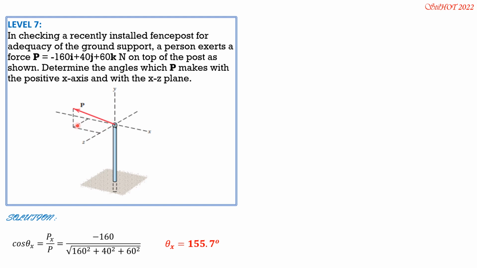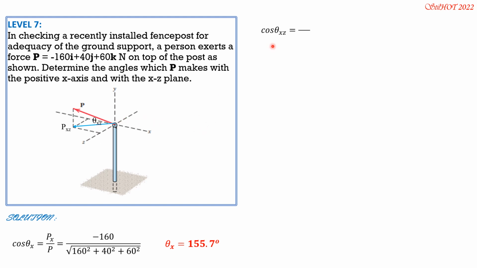the component Pxz, or magnitude of Pxz, which is the square root of Px squared, negative 160 squared, plus 60 squared, divided by P, which is this one. There's no need to compute for P. So that's theta XZ.